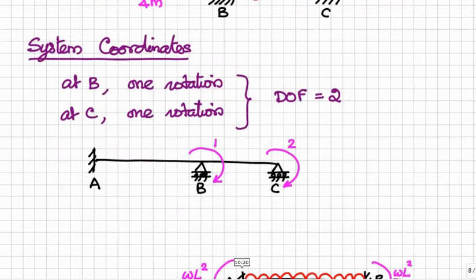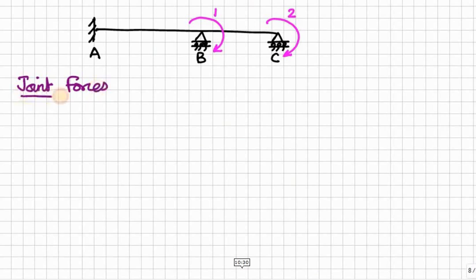The next part is to find joint forces, particularly along the system coordinates, that is degree of freedom 1 and degree of freedom 2. For that, we have to consider each span separately, that is AB and BC separately, making the supports fixed, and find the fixed end moments due to the span loads.